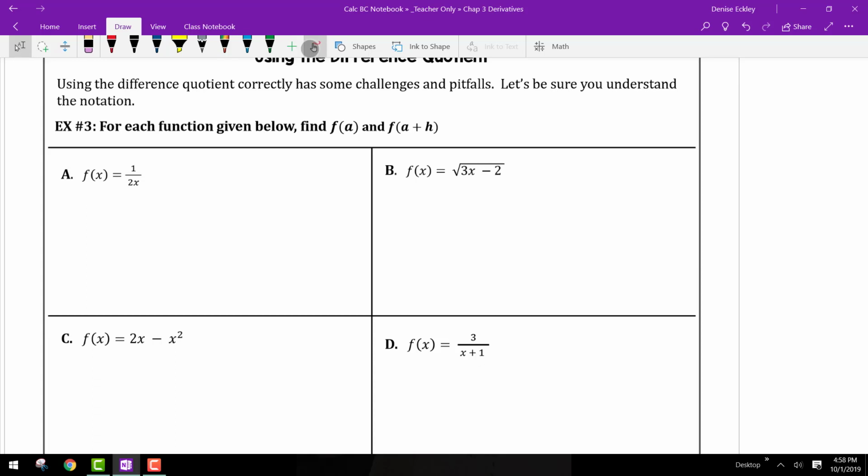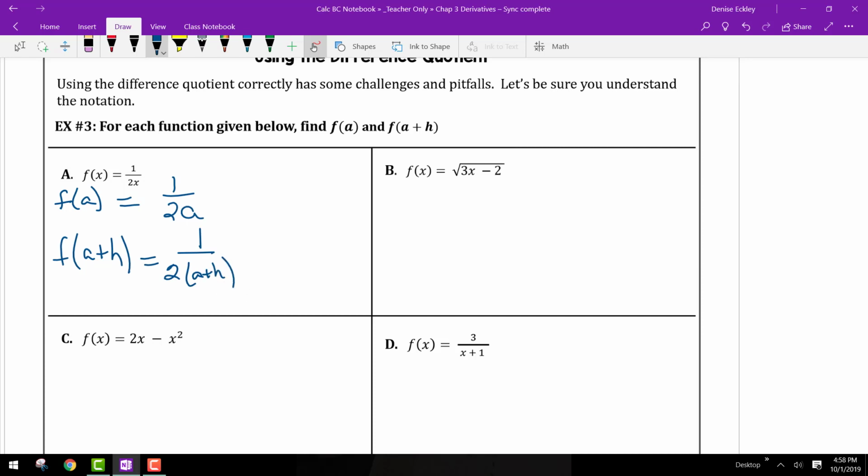Okay, so f of a is just going to be a substitution of x for a, so you get 1 over 2a. And f of a plus h is going to equal 1 over 2 times a plus h. And if you simplify that, you get 1 over 2a plus 2h.